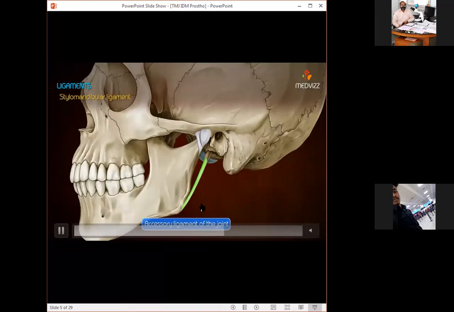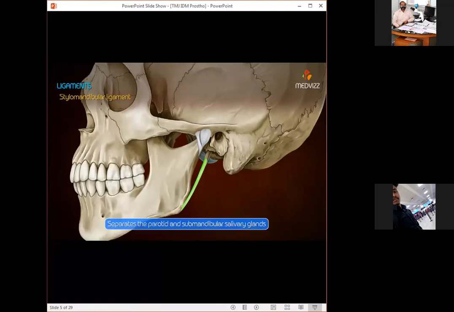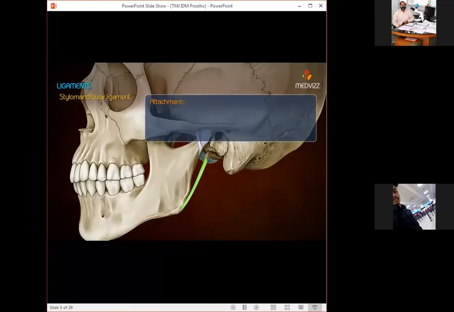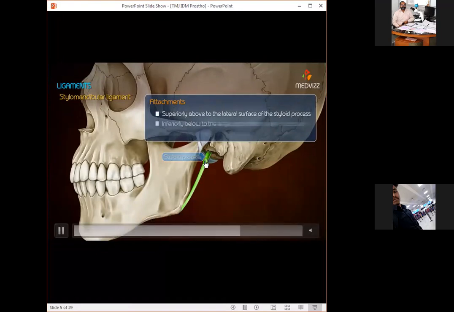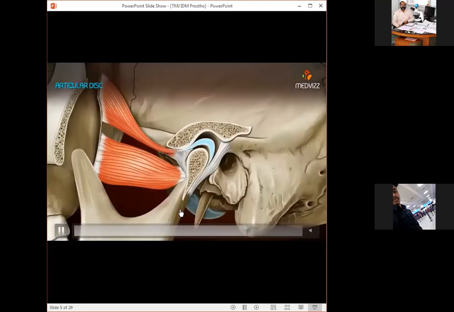Then you have the accessory ligament, which is a thickening of the cervical fascia, which is covering the neck. So this is your stylomandibular ligament. It runs from the styloid process to the posterior border of the mandibular ramus.